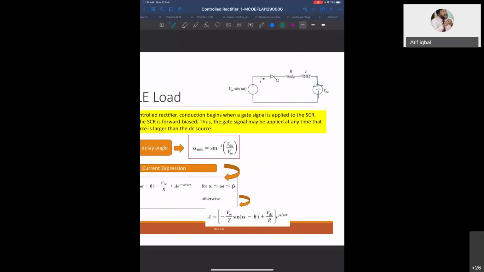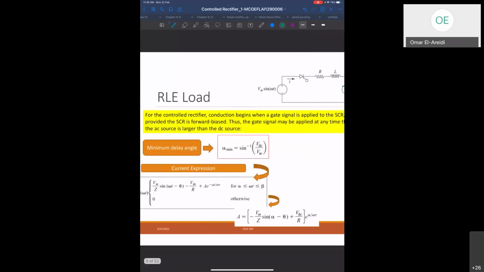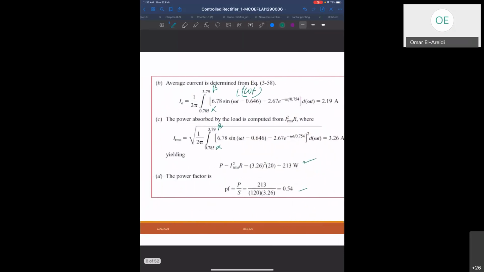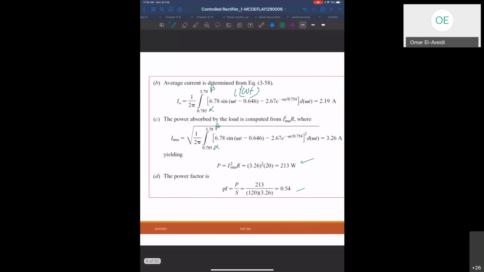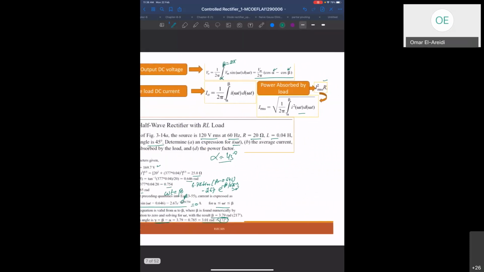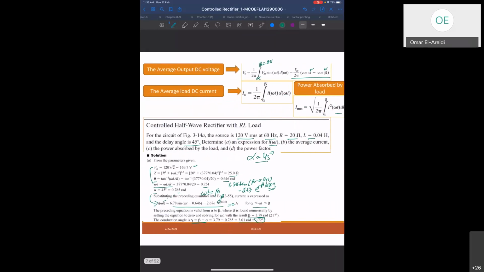Doctor, will you please go back to the previous slide? For the current equation, how did we get the 2.67? This is A. And what is A?